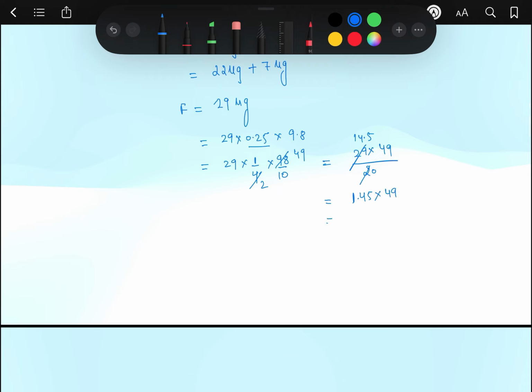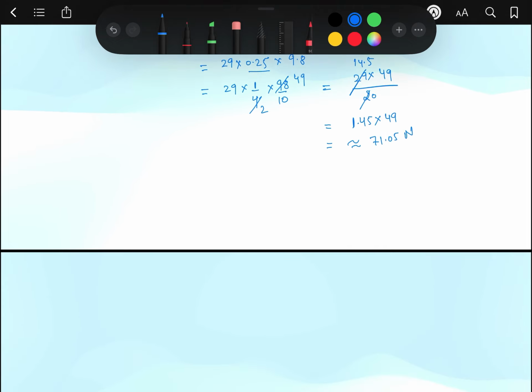Okay, when we solve this term, it will come to nearly 71.05 Newton. So the value of force that is required to move this block C with acceleration equal to 0 is 71.05 Newton. Okay, so this is the answer for this question.